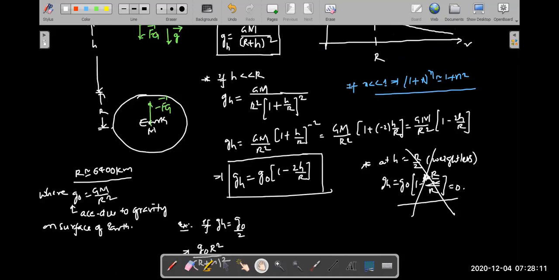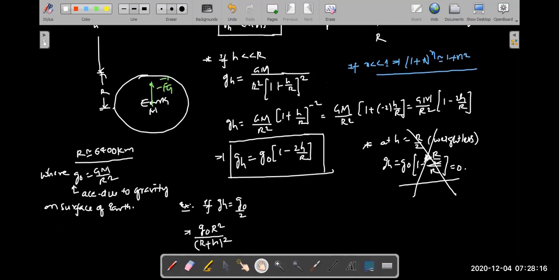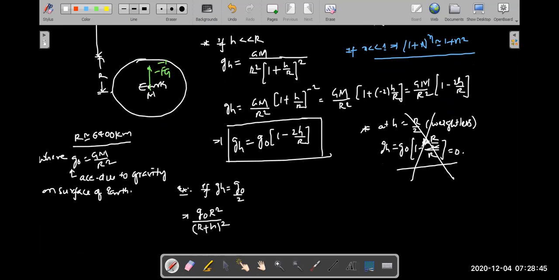No, Gm by R square. You see, this is Gm by R plus H whole square, right? So what I can do is write it as Gm by R square into R square by R plus H whole square. So this will be g naught into R square by R plus H whole square. Do you agree with this? Yeah.